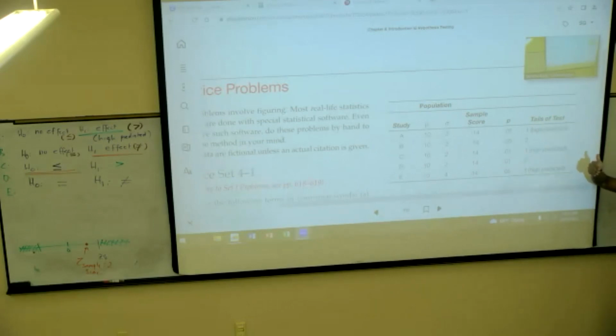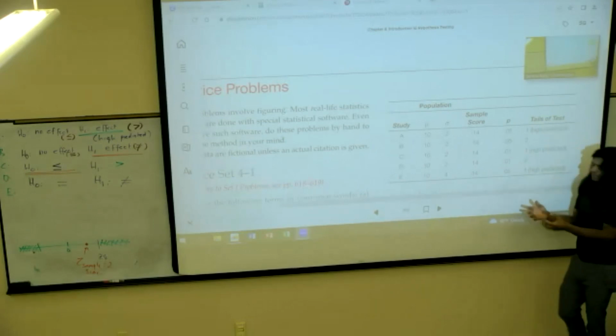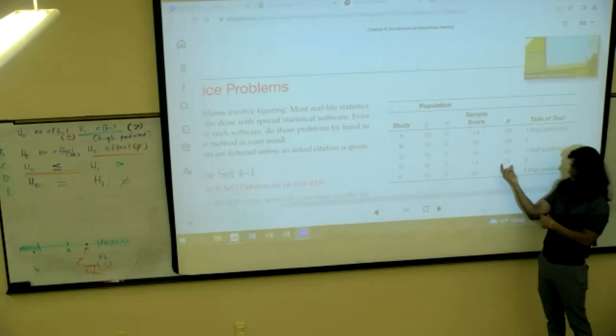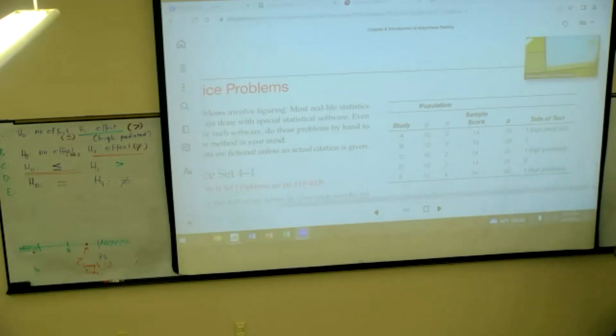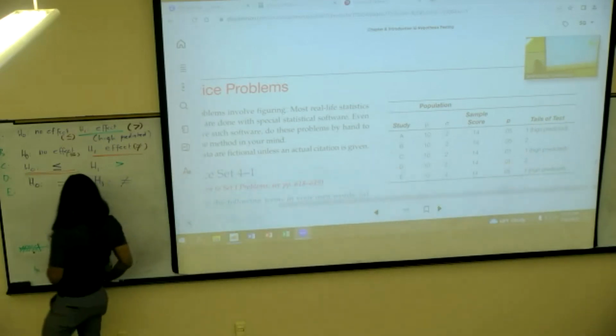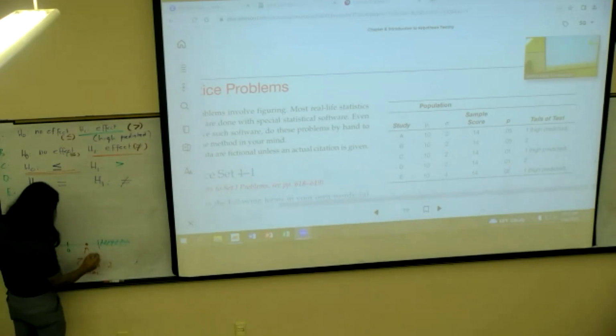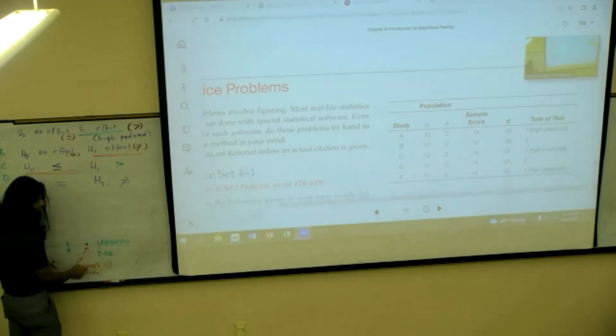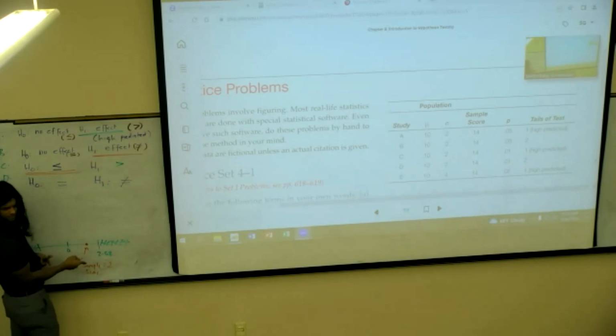I wrote this a couple of class periods ago for a bidirectional test when alpha is 0.01, the corresponding cutoff value is 2.58. Positive, the 2.58.